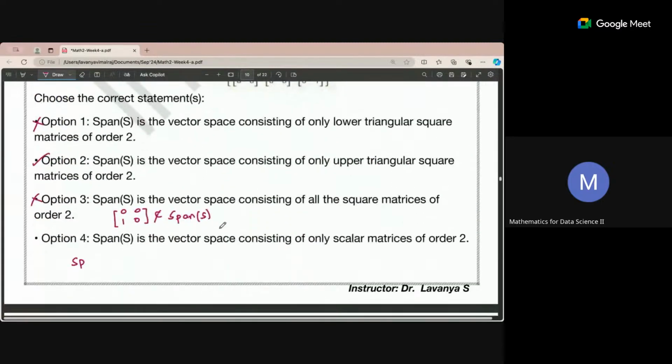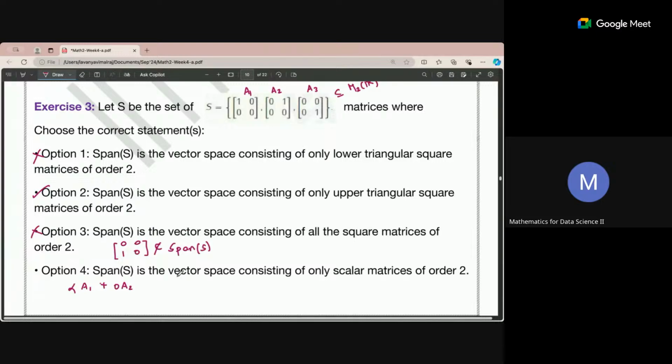Now I am considering this specific type of linear combination: alpha times A1 plus 0 times A2 plus alpha times A3, where alpha belongs to R. This is a subset of span of S, yes or no? Yes, ma'am. So can you say that the set of all scalar matrices of order 2 is contained in span of S?